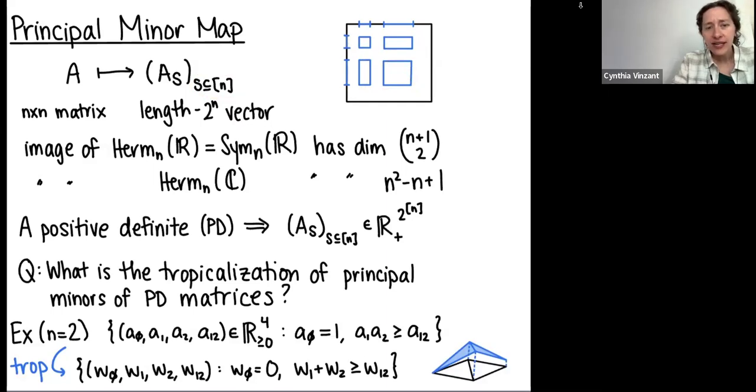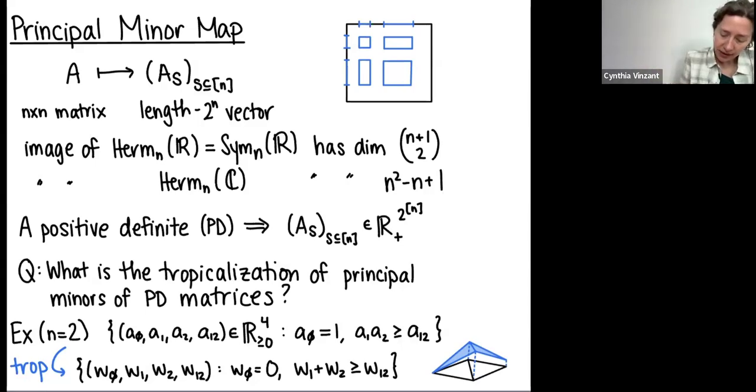In particular, the empty minor is just 1. You can do this for your favorite space of matrices. I want to talk about it for real symmetric matrices or Hermitian matrices over the complex numbers, and you can study the image of your favorite space of n by n matrices under this map.